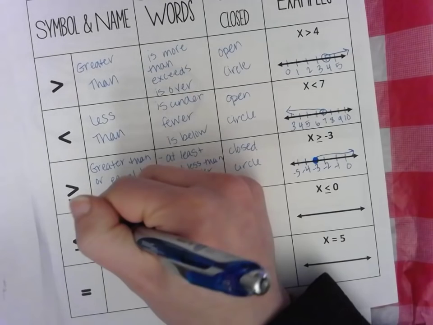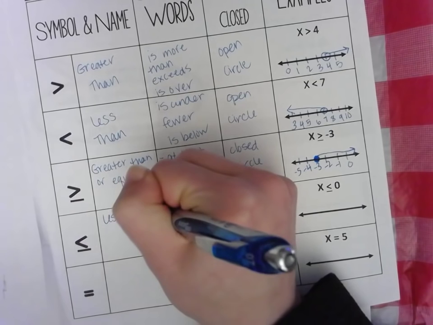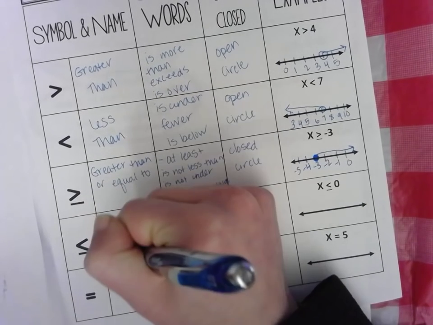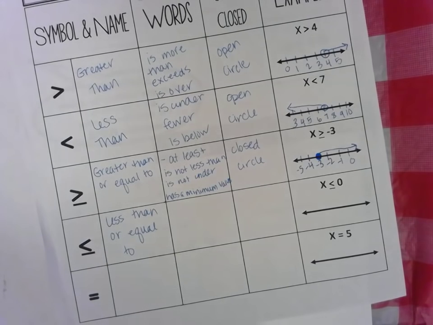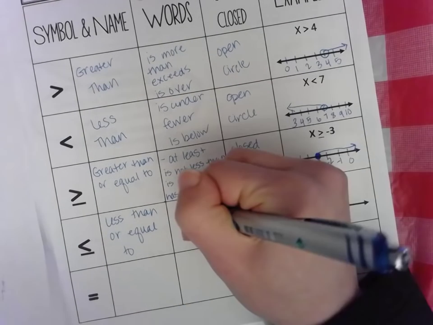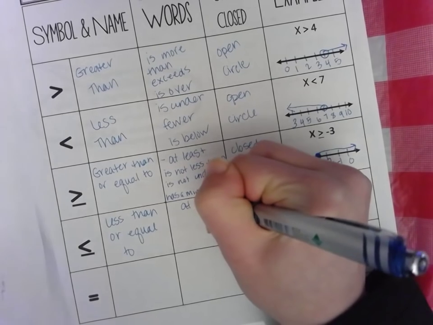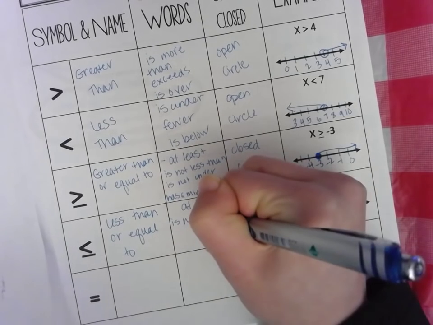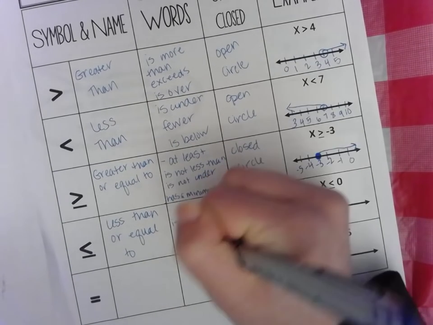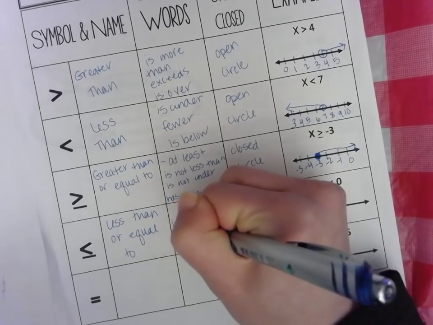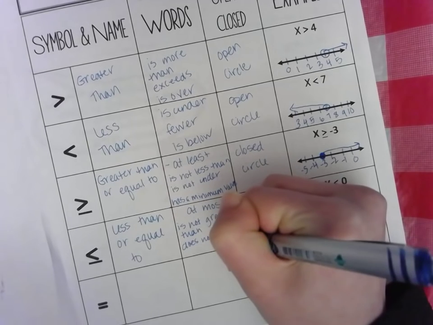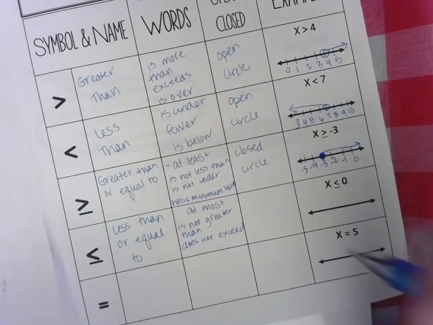And then very similarly to that one, we have less than or equal to. Words you might see in a word problem: at most, is not greater than, does not exceed, and has a maximum value.